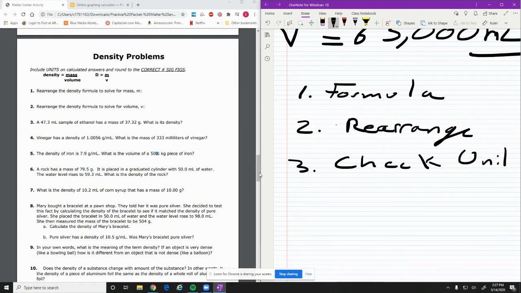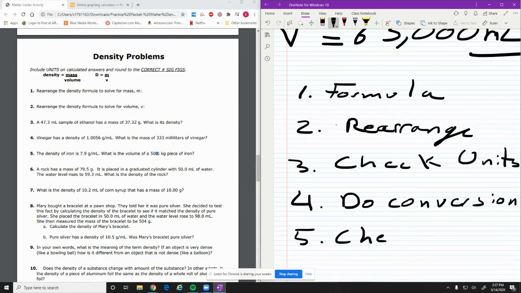Check units. 4, do your conversions if needed. Conversions. And number 5, always check sig figs. Okay?